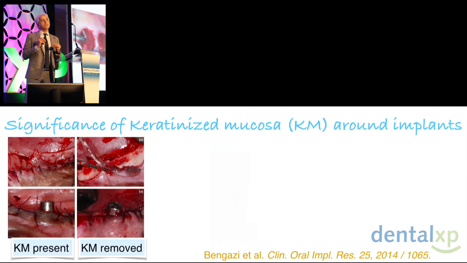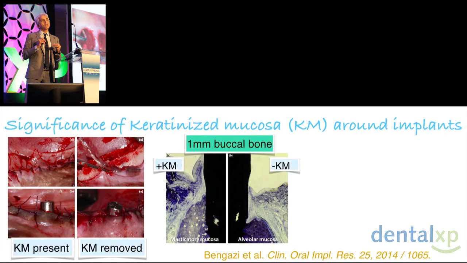When they looked at the soft tissues around zones where the keratinized mucosa was completely excised, they found increased recession and very thin mucosa, but more importantly, they found crestal bone resorption when the keratinized mucosa was missing. So then they said, well, maybe because these cases had very thin buccal bone.